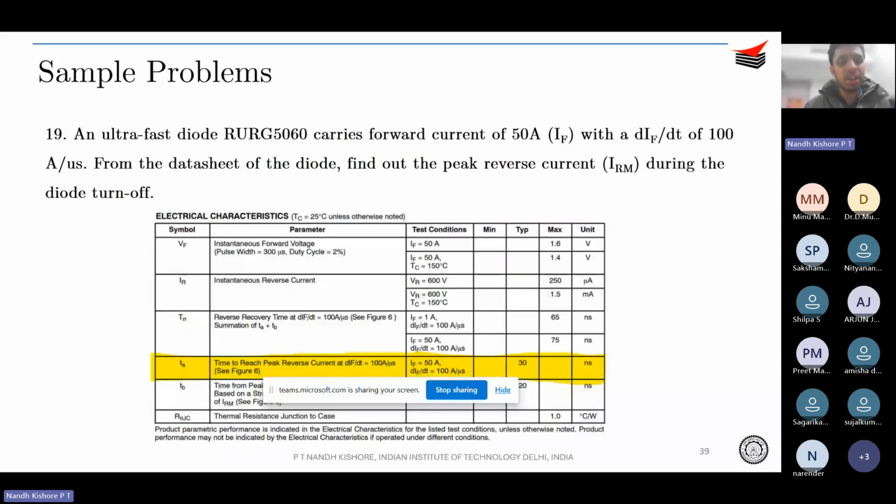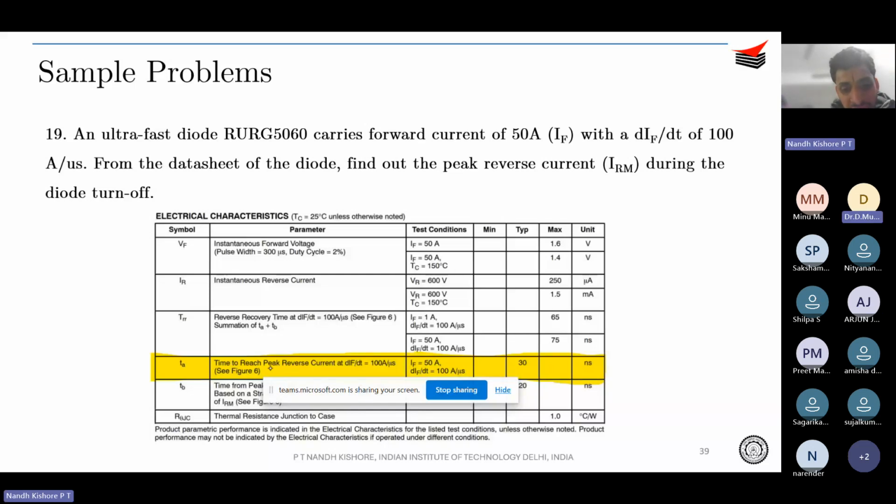An ultra-fast diode, RURG5060, some diode part number, carries forward current of 50 amperes. Okay, so IF is given with a dIF by dt of 100 amps per microsecond. Okay. From the data sheet, find out the peak reverse recovery current. Same thing, right? And it's even simpler because in the data sheet, the TA is given.